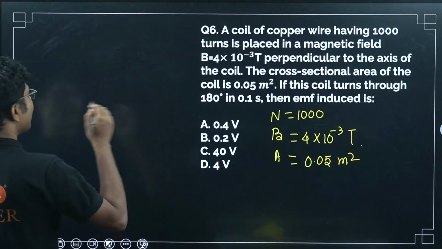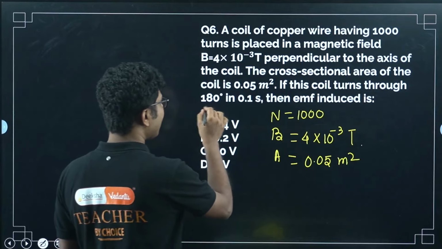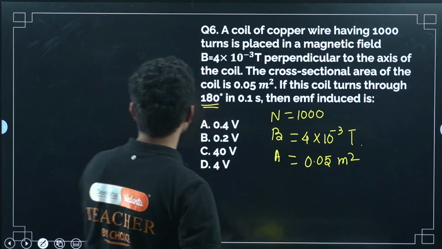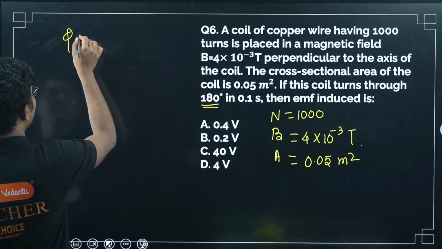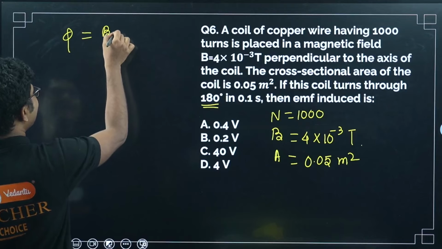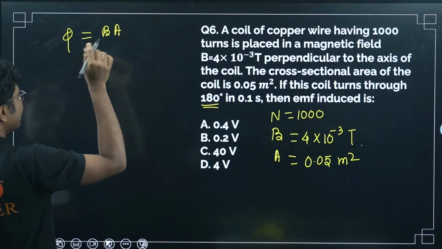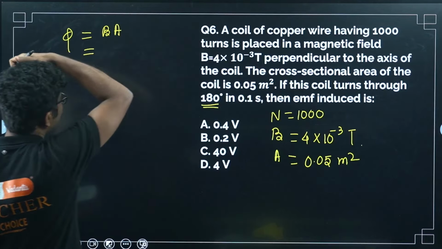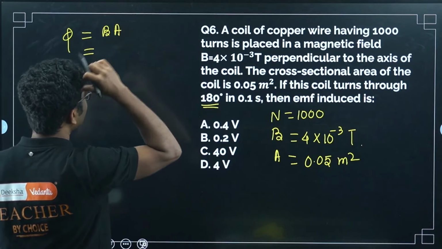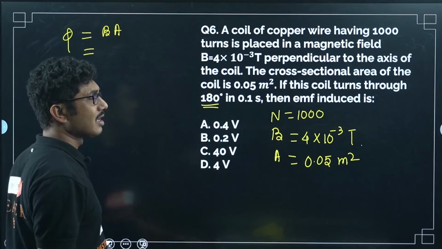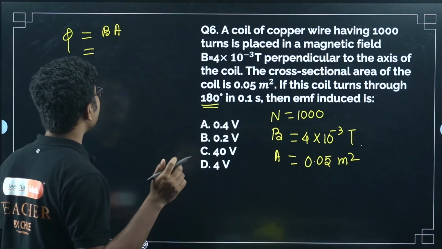So first we have to understand what is the meaning of turning by 180 degrees. Initially, suppose the flux linked is B dot A; here initially they are at 0 degree, so it is BA cos theta, so initially the flux is BA.